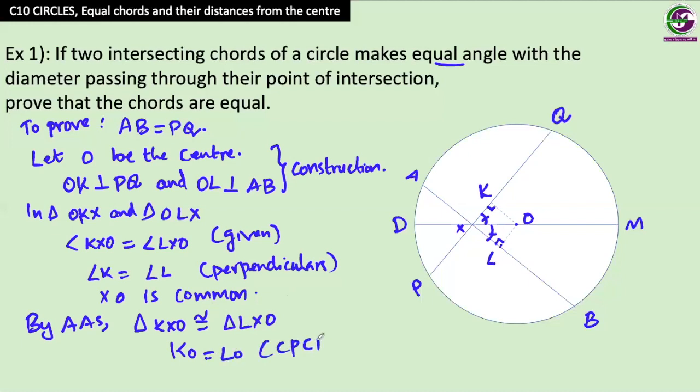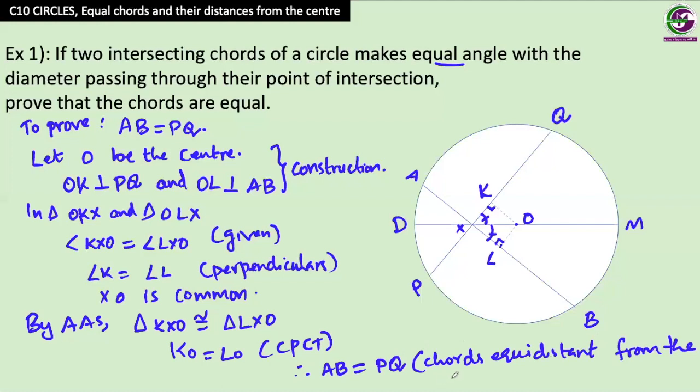Therefore, chord AB is equal to chord PQ because chords equidistant from the center are equal. That was to be proved and we did it.